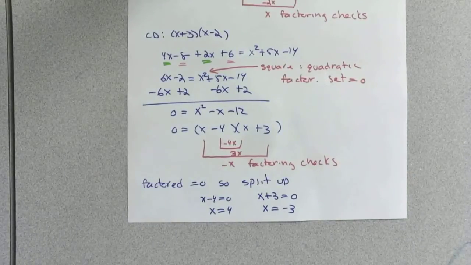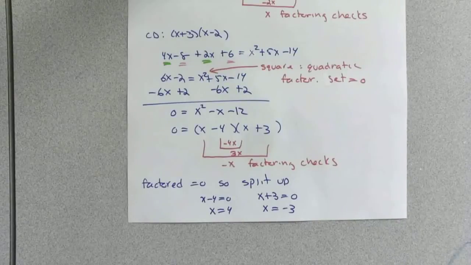You say 4 and negative 3, and you feel okay because you saw the x squared, and you remember on the previous problem I said, well, square can have 2 answers. But what I really said was square, you can have up to 2 answers. I didn't say square, you will have 2 answers. I said up to 2 answers.